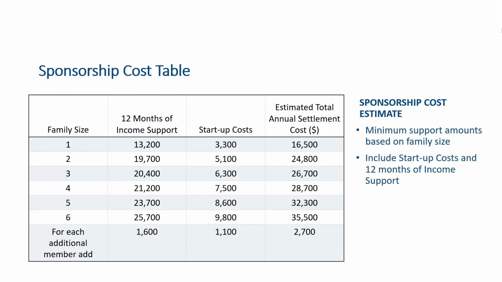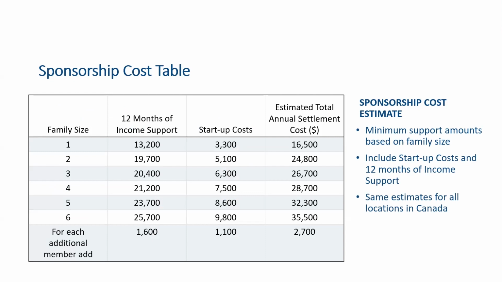Now, the reason why you would not use the RAP rates when you're completing the new undertaking and settlement plan form is because, depending on family size, family composition, and the community of settlement, the figure that you would get if you use the RAP rates may be higher or lower than the figure in the cost table. Because the cost table, like we said, applies nationally across all provinces.